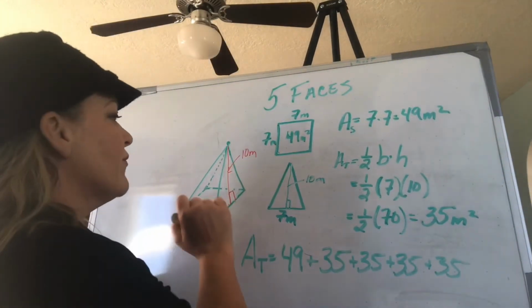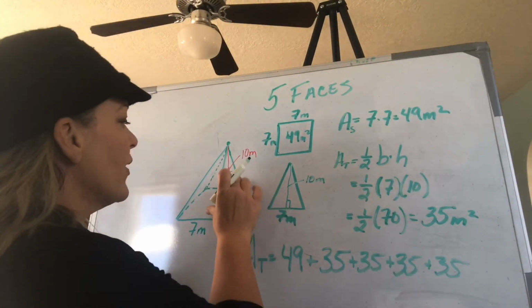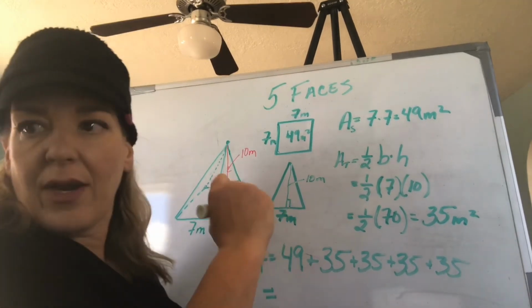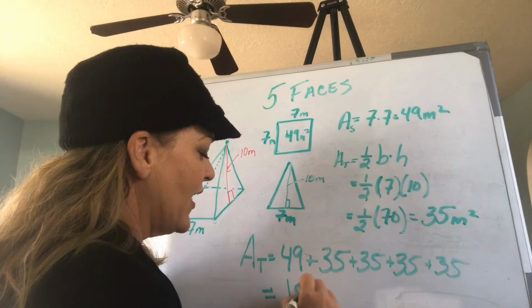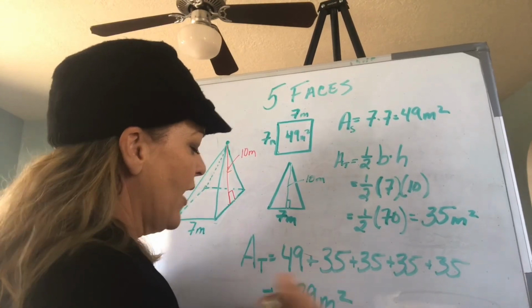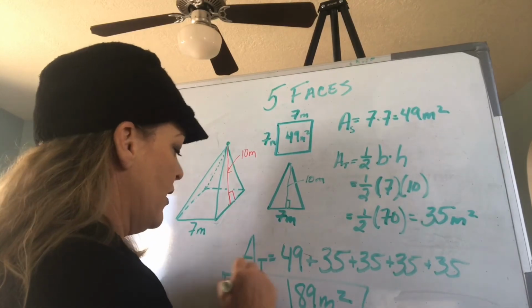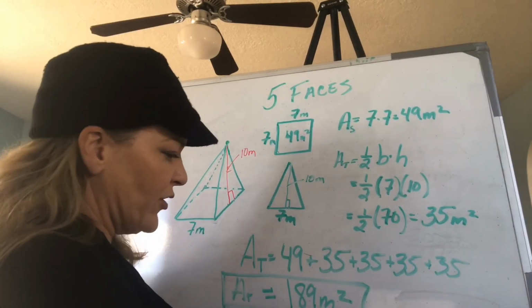So I've accounted for all of my faces. 1, 2, 3, 4, 5. And again, these are congruent, meaning these triangles are all identical. All right? And when I add these together, I get 189 meters squared. And that's the surface area total of this square pyramid. So make sure you box your answer.